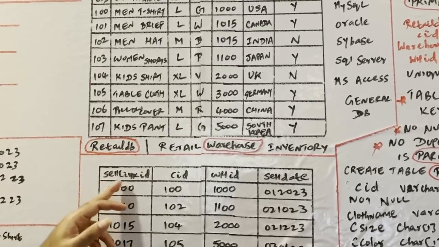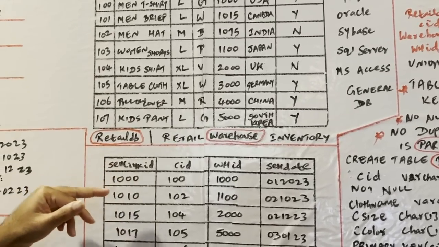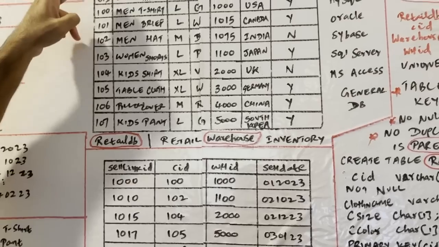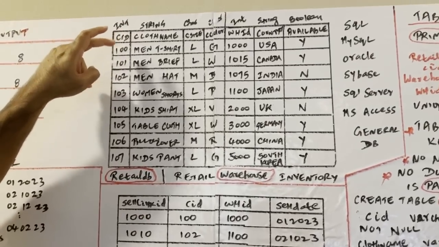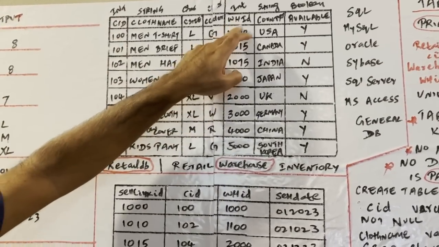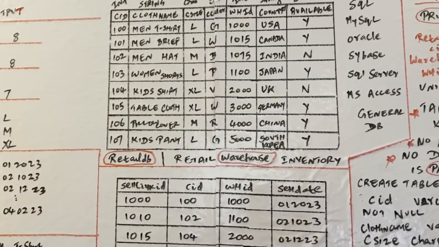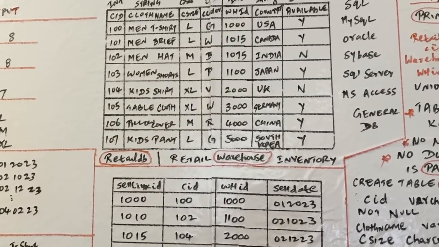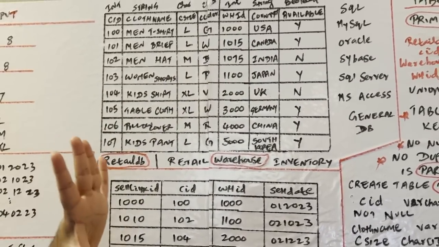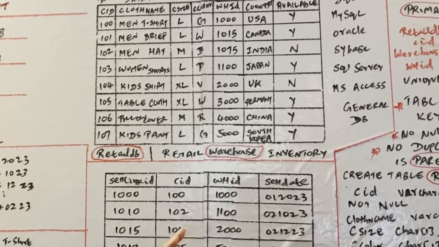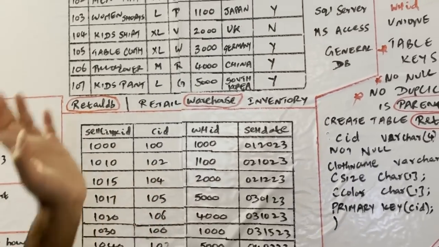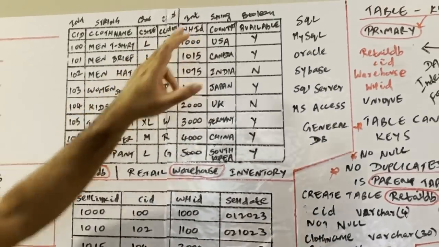If you see here, sell link ID is the primary key for this table. CID is the primary key for this table. WHID is the primary key for this table. Primary key is used for indexing, faster access of data to display on the web page. So we create many kinds of indexes. One of them we create on the primary key.